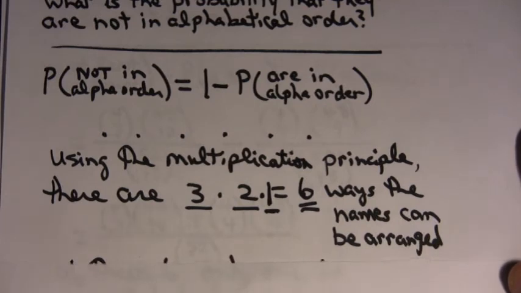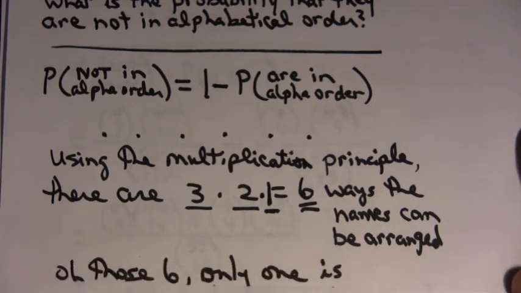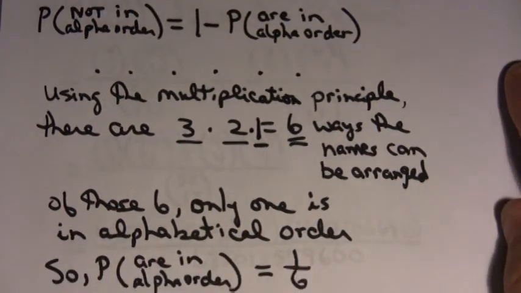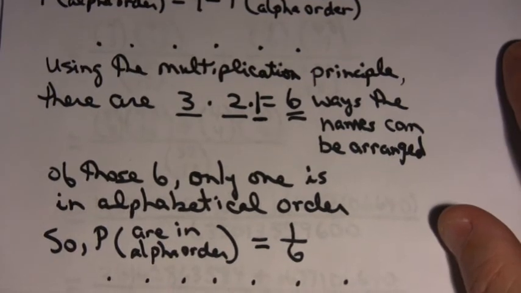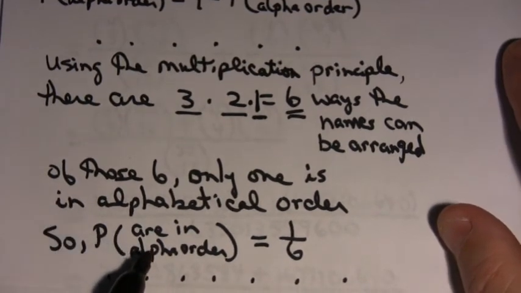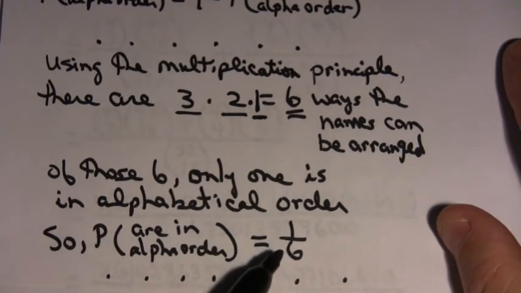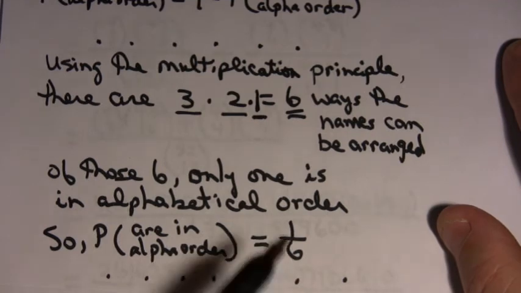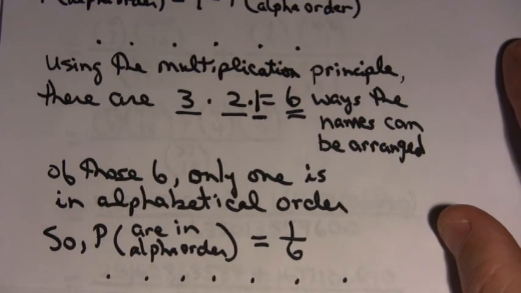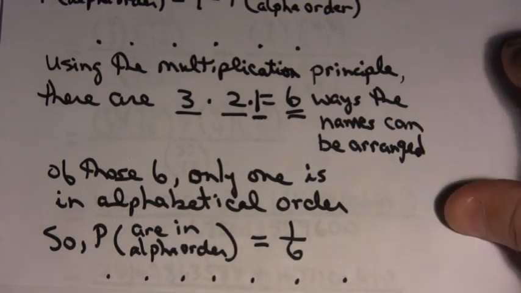Now, out of those 6 ways, only one is in alphabetical order, which means the probability that the names do come out in alphabetical order is 1 out of 6. There's only one way that's alphabetical out of the 6 ways possible. But remember, we were not looking for the probability that they were in alphabetical order.